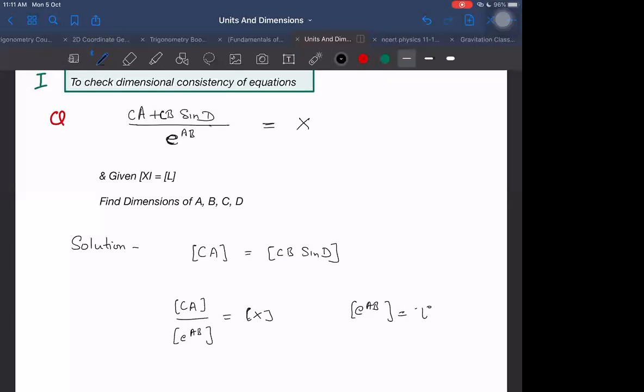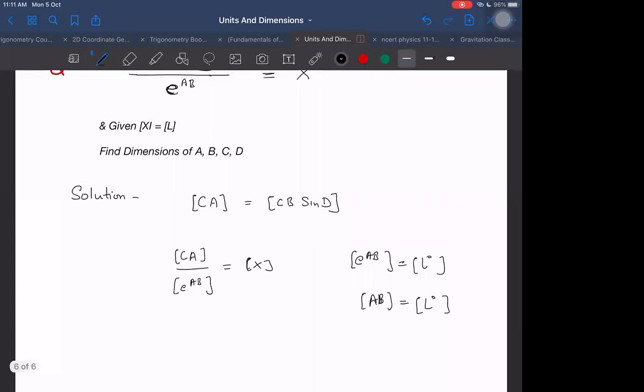Also, I told you in the morning that A into B, the argument, will also be dimensionless. Trigonometric ratios and their arguments are dimensionless. Okay. A into B is dimensionless.